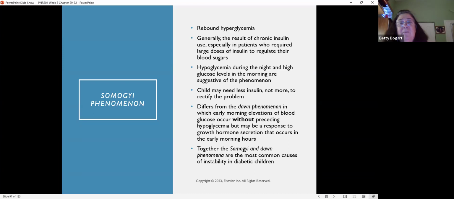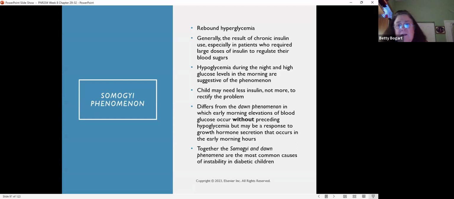Now, Somogyi phenomenon is this rebound. So you're in chronic insulin use and you have hypoglycemia during the night and then high levels in the morning. This is what it looks like. They may need less insulin to cure this, believe it or not, because we want more of a continuous insulin level.